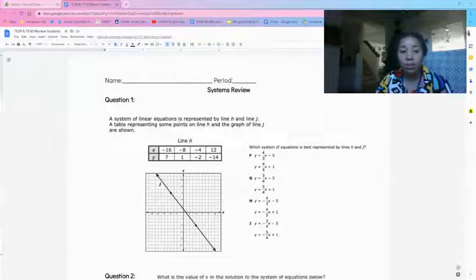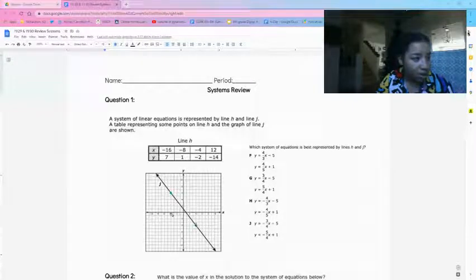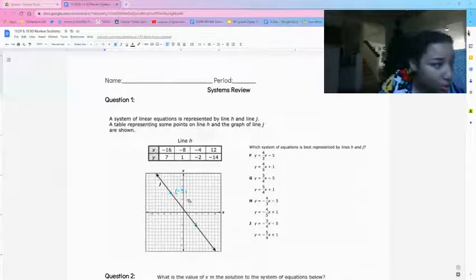but you've got to create your little table first. Here, this is line J and this is line H. So we have line J here, and I'm going to figure out what these 2 points are. I see this is -4, so -4 is my x value, and then this is going to be 6, which is going to be my y value.